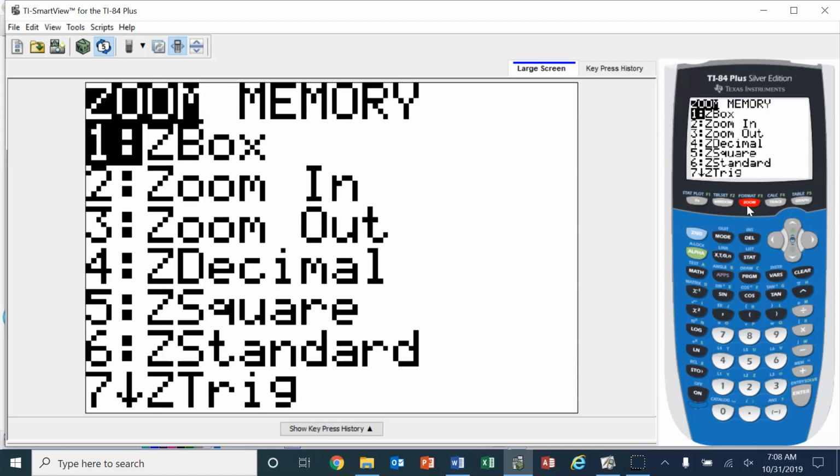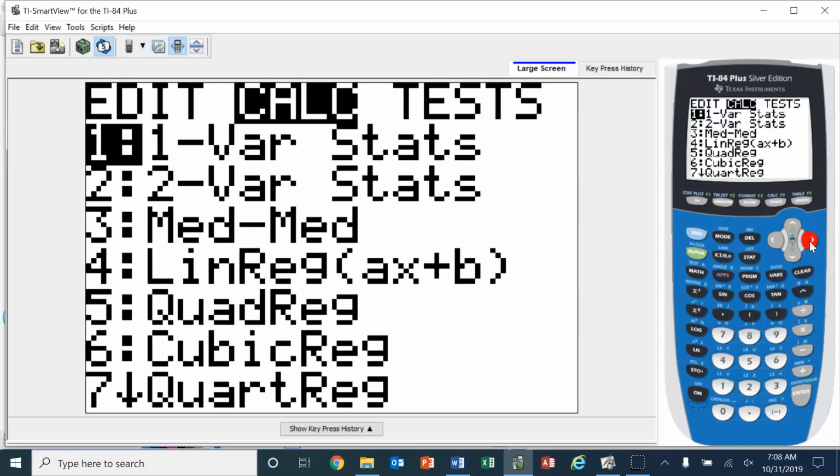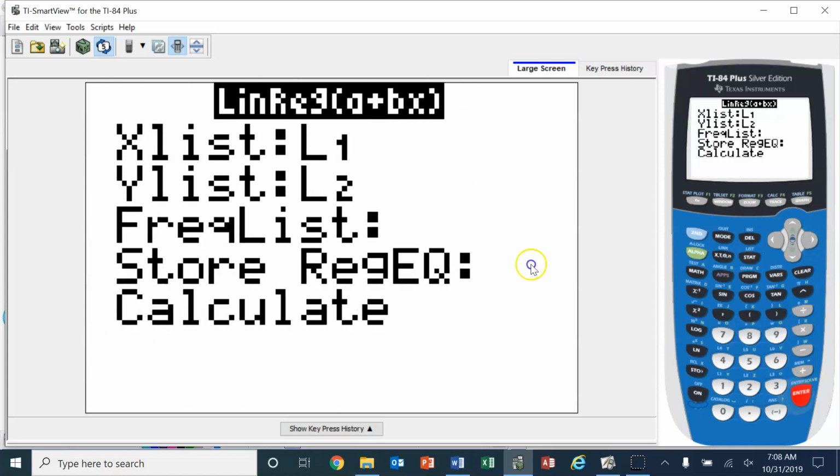All right, now we're going to do zoom 9. Now this is going to look a little weird. Whoa, it completely changed it. Instead of going down, they're going up, but that's okay, because we're going to go back to the original stuff after we've transformed the equation. All right, so now we're going to do the stat calculate number 8.